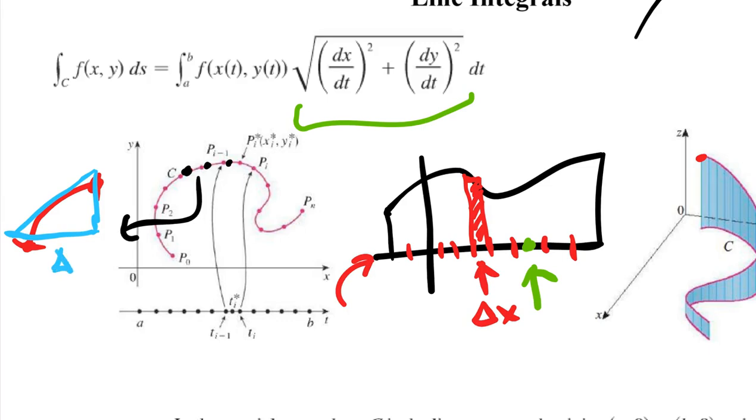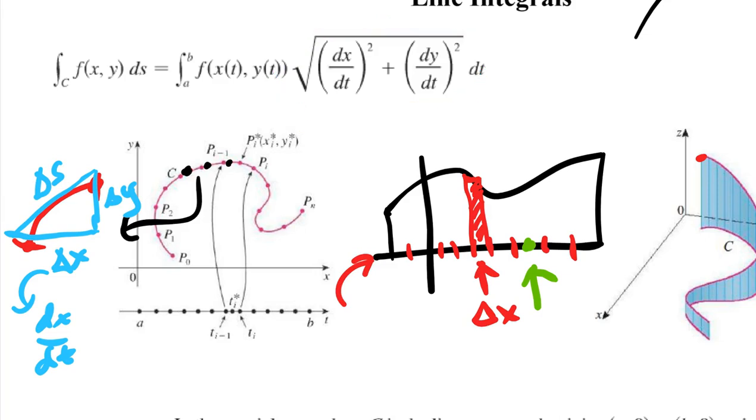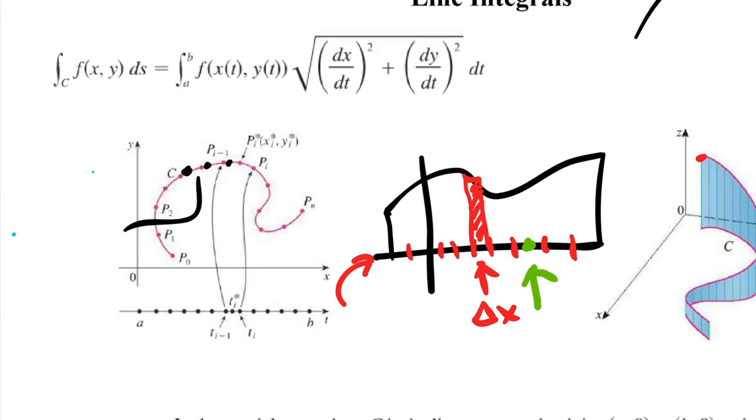And so you have change in x and change in y, and you have change in s here, the change in the arc length, right? And so that's why when you square these and add, the change in x, when you take delta x going down to delta t going to 0, will be dx/dt, and then change in y will be dy/dt, and that's why you have this. So it's the Pythagorean theorem, a squared plus b squared is c squared. All right. Okay, so this is how the line integral is obtained. And so let's try an example of this.